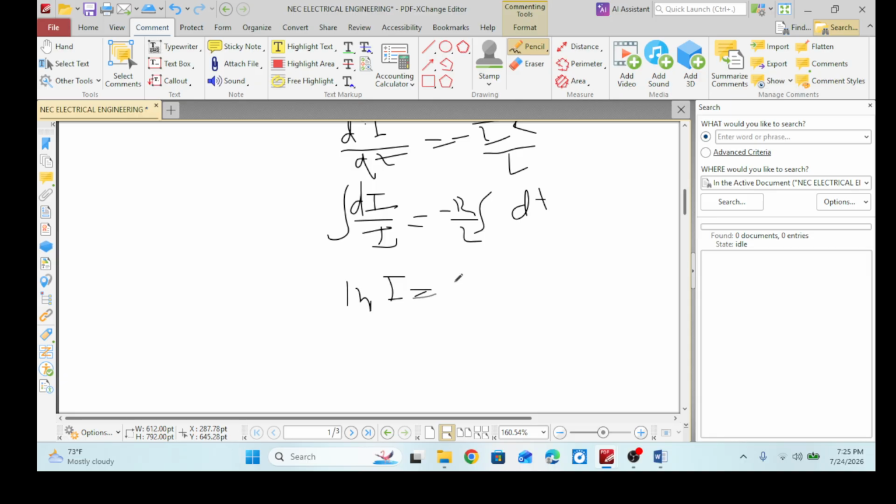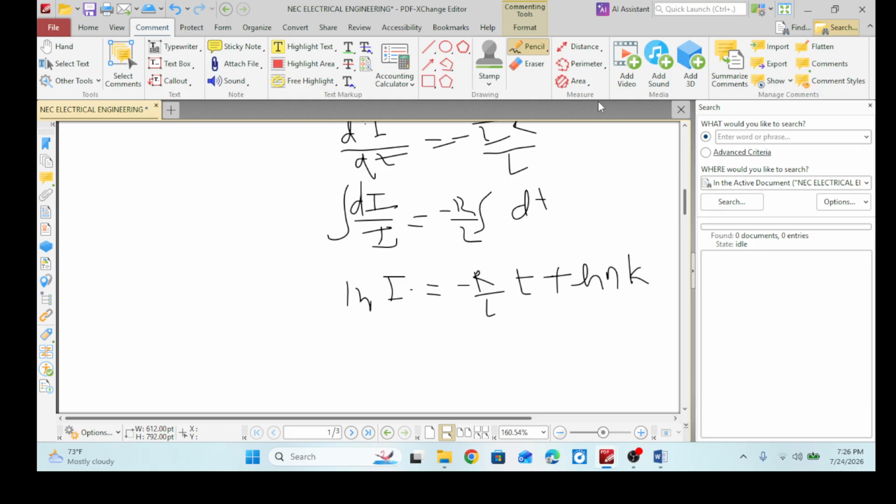minus R by L times t, plus we will suppose the constant ln k.